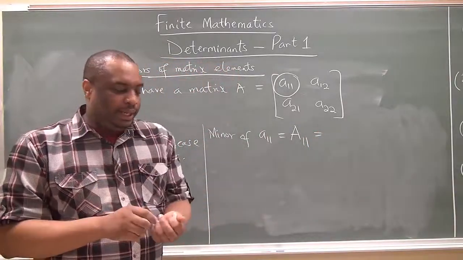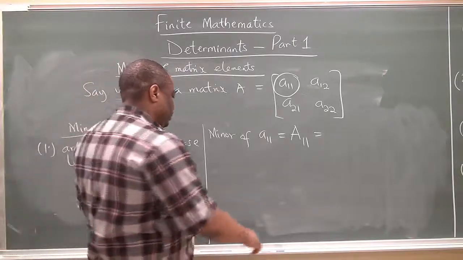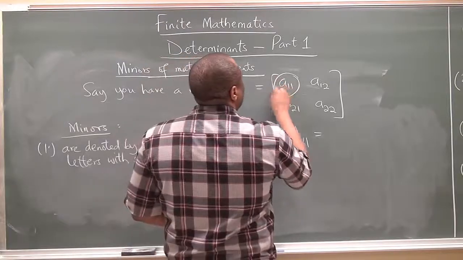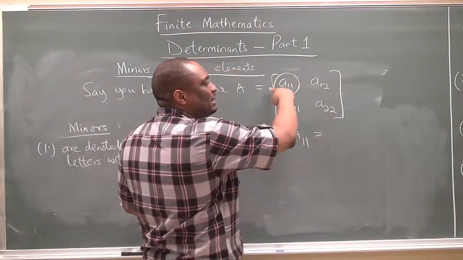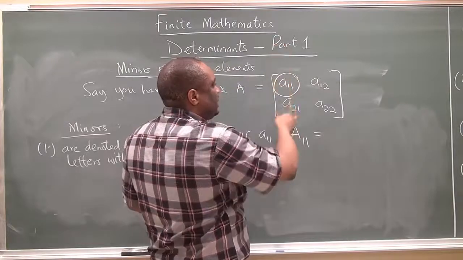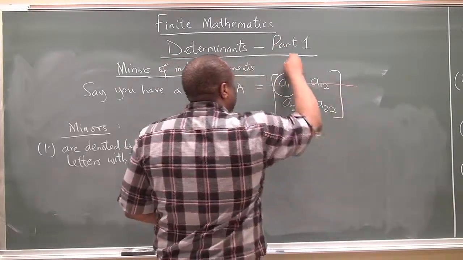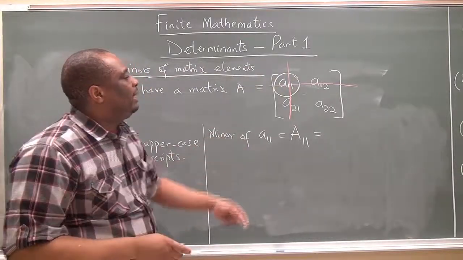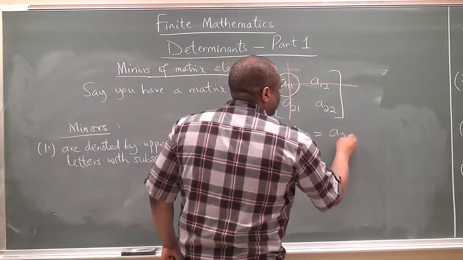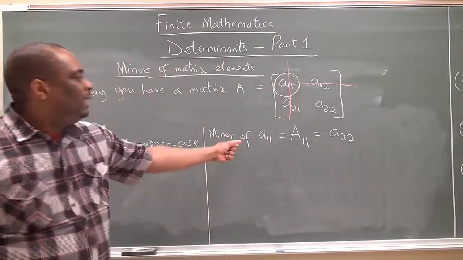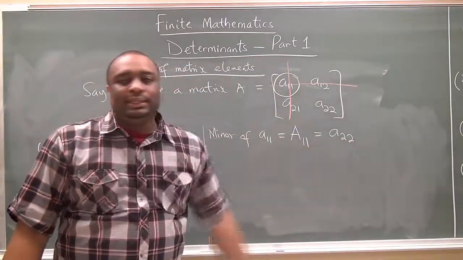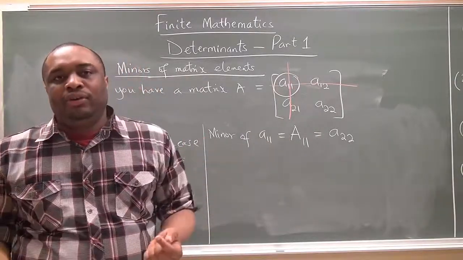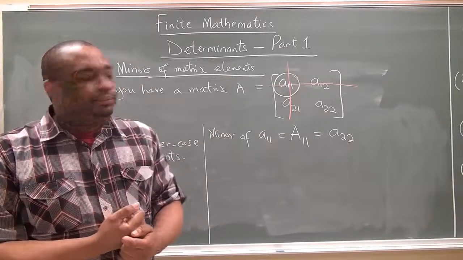We delete the row and column. I'm going to use red. Red means delete. We delete whatever is in the first row and first column. Once we delete it, whatever is remaining is the minor, A22. So the minor of the element A11 is A22, the element in the second row and second column.